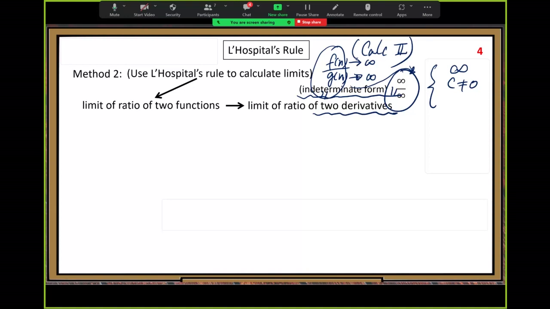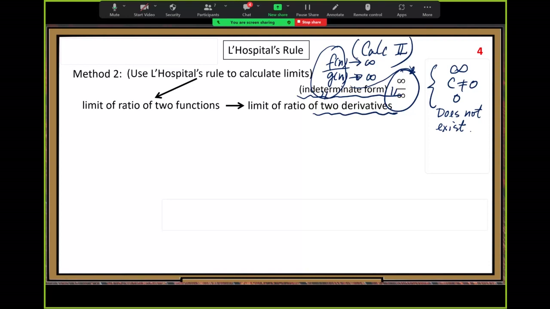Third, the ratio could be 0. And fourth, the limit does not exist. So you can see there are these 4 different cases.